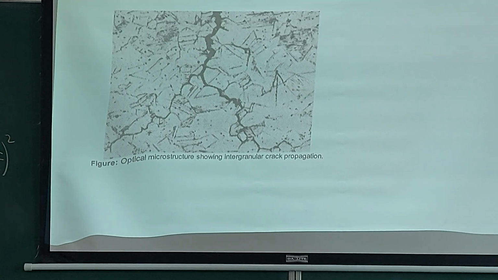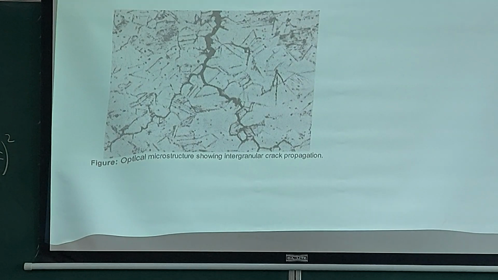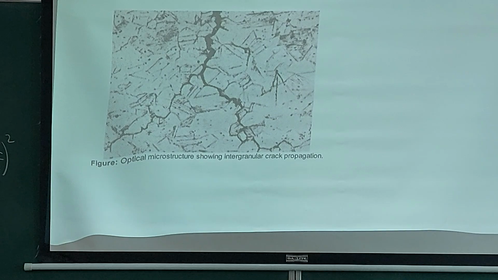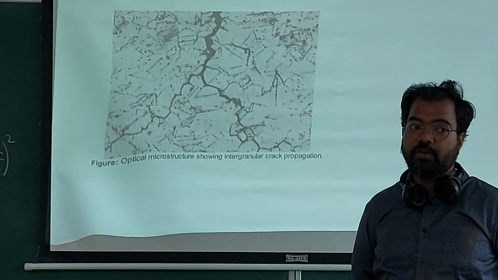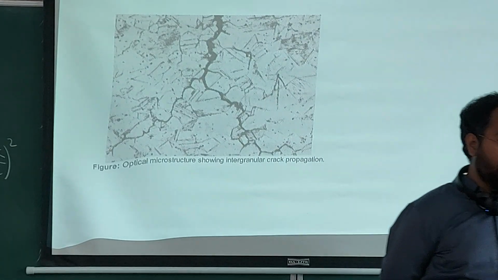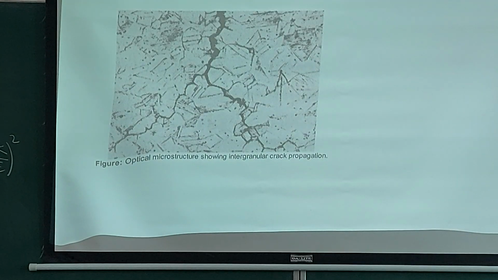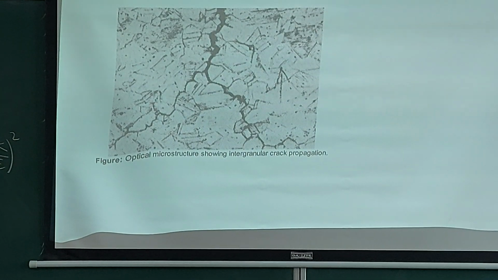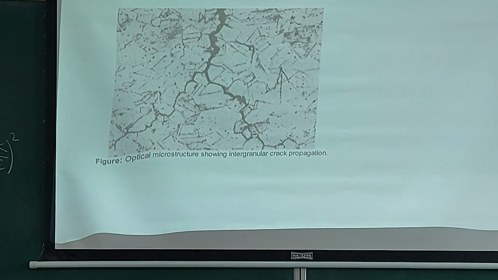This used to be a problem long back, and then it was solved by adding manganese. Manganese has more affinity to make sulfides, so it will take sulfur and make MnS, and that does not act like FeS does, and therefore you will not have that problem.